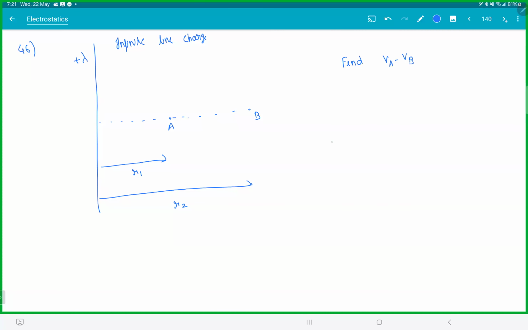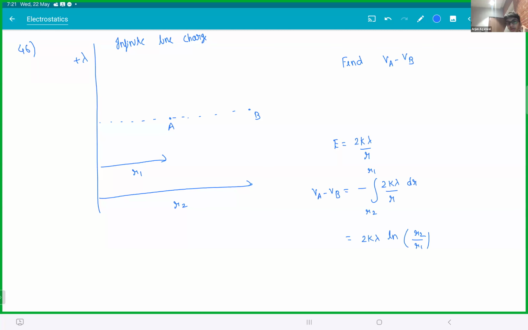This was easy. So what is the electric field due to an infinite line charge? 2k lambda by r. So VA minus VB is minus integral 2k lambda by r dr. Limits will go r1 to r2. That is 2k lambda ln r2 by r1. Straightforward. One step. There's nothing there.